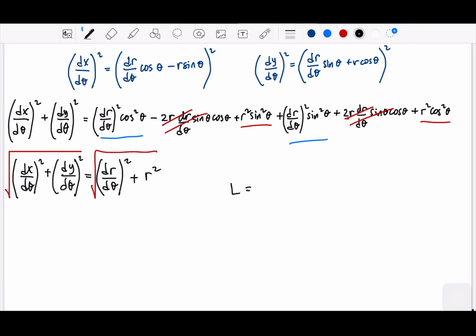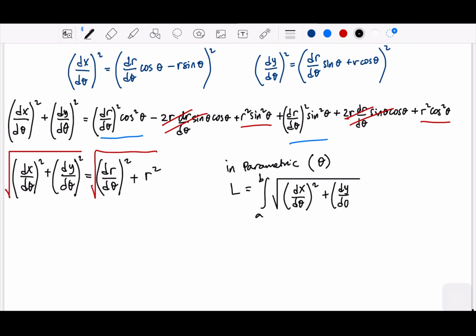So it's pretty much the same as the parametric, but what we are going to change is changing all into the polar, into r theta. So usually in parametric, let's say the parametric now is theta, okay? We have learned this before, right?